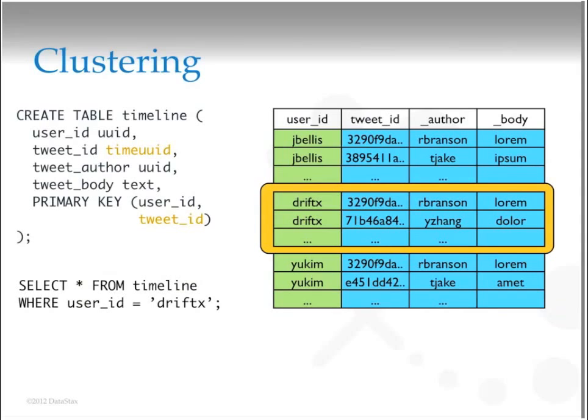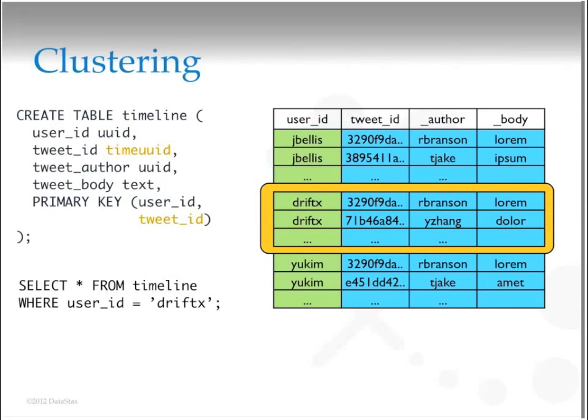Maybe we could store them in chronological order or something, but I think an example that makes a little more sense intuitively is to talk about something like Twitter or something like Facebook, where I'm following my friends and I want to see their updates in some kind of chronological order. So here's an example of a way I could store a Twitter timeline, meaning the tweets that my friends have made, in Cassandra.